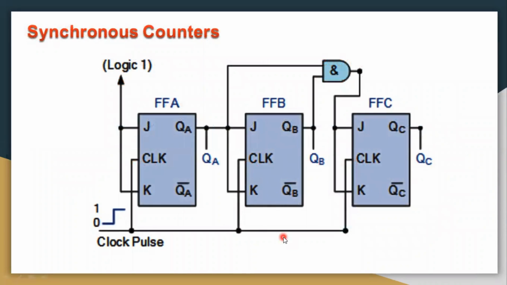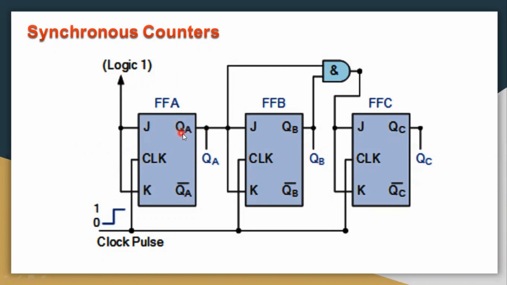This is the logic diagram of synchronous counter in which we are using 3 flip-flops. Clock is connected to all flip-flops simultaneously, from a single source. Then the inputs J and K of the first flip-flop are connected to logic high, so it's always high.